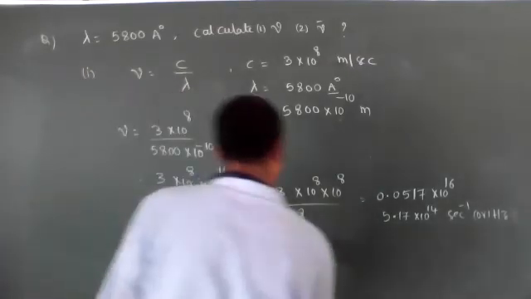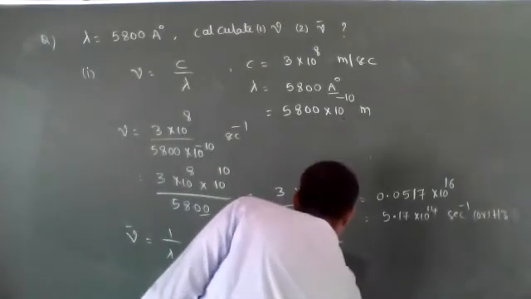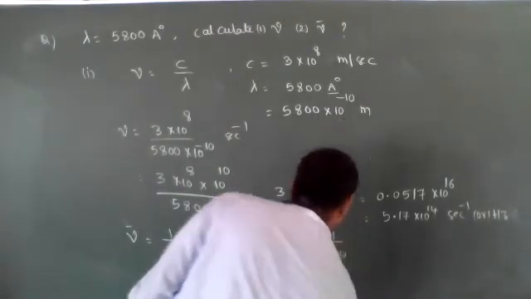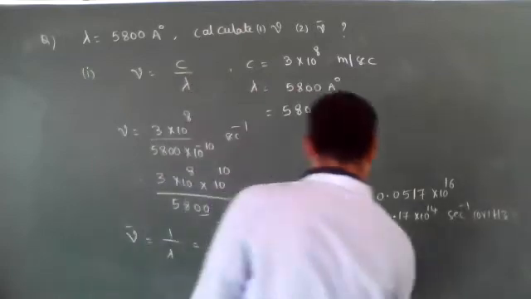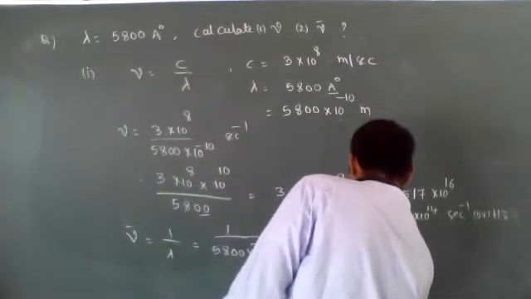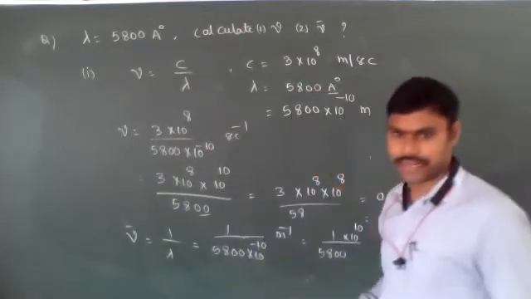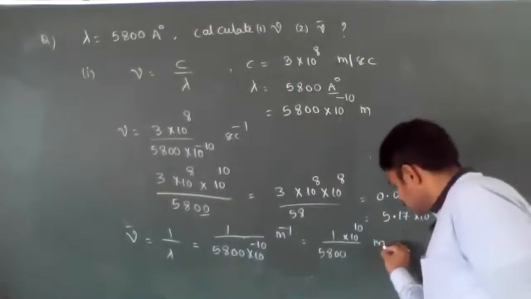Now you simplify that: 1 by 5800 into 10 to the power of 10 meter inverse.